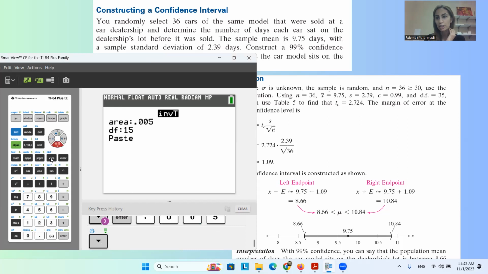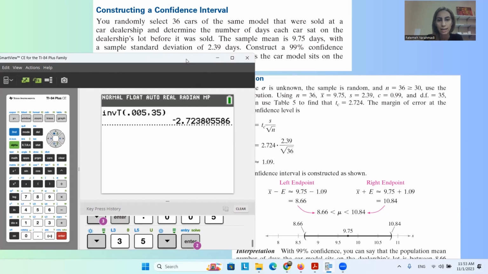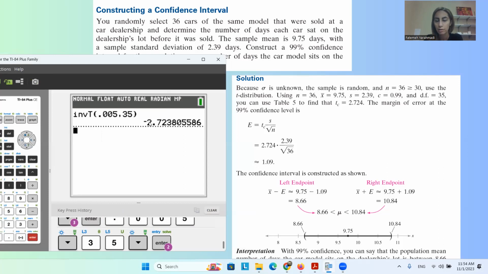What's the degrees of freedom? 36 minus 1 is 35. So you're going to enter 35 here. Then go to paste. Paste again. And as you can see, the number is negative 2.7238 and so on. So basically, the critical value on the left is negative and on the right is positive.